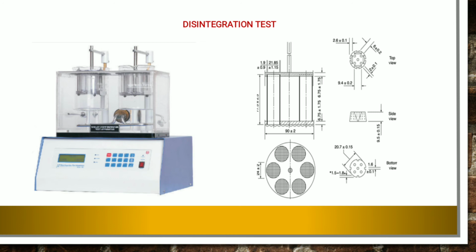For oral uncoated tablets, the fluid that is used is water at 37 plus minus 2 degrees Celsius, and the standard is 15 minutes or as specified, that is our tablet should get disintegrated within 15 minutes.